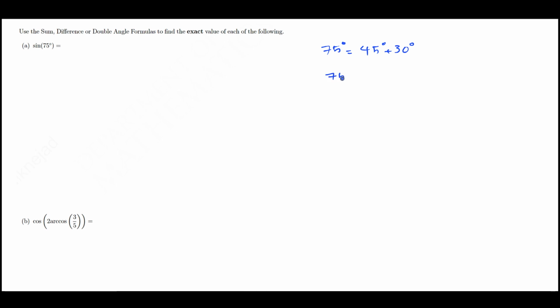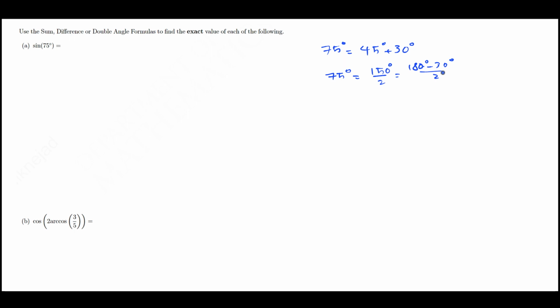Or you can write 75 degrees as 150 degrees divided by 2. And if you remember, 150 degrees is basically 180 degrees minus 30 degrees, divided by 2.